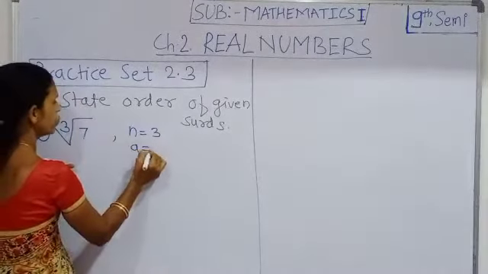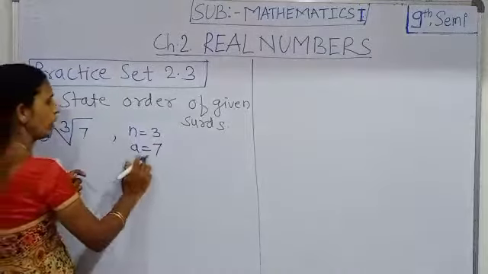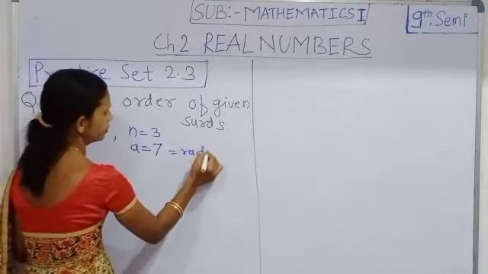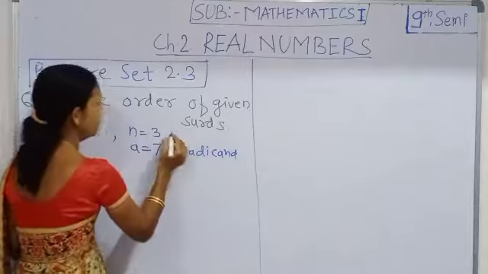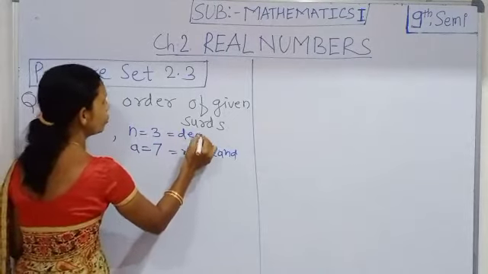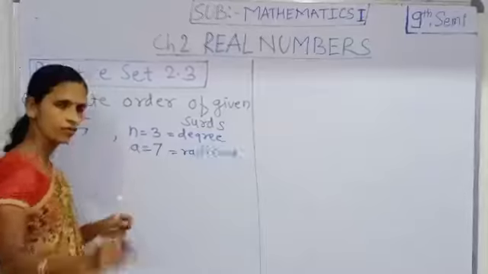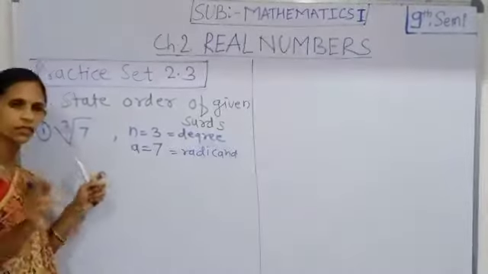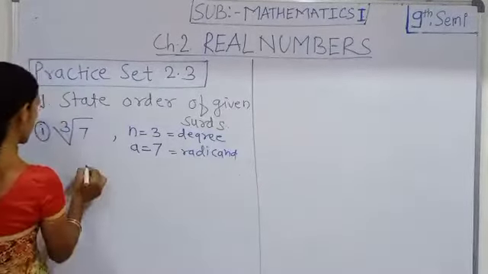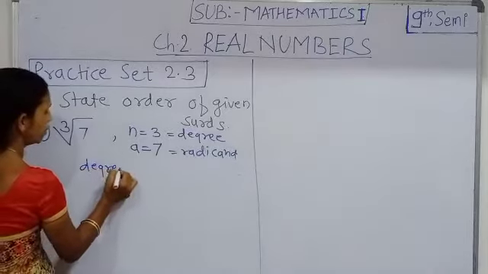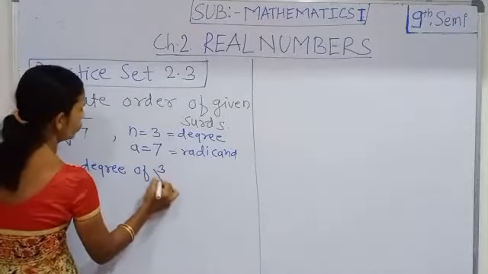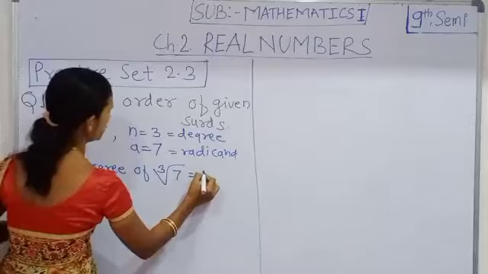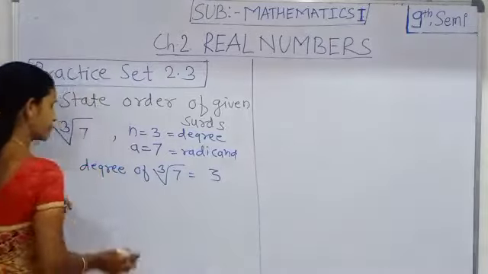Here a is equal to 7, where a is the radicand and n is the degree of the surd. Therefore the degree of the cube root of 7 is 3.